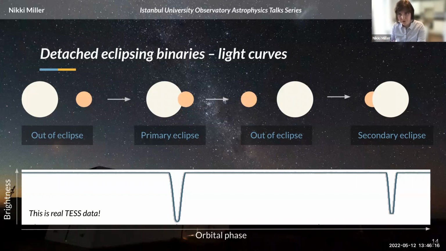This is how precise photometry is getting these days, which is really, really exciting. You see here we've got a deeper primary eclipse and a secondary eclipse with a very distinctive flat bottom. This means that we know for sure that it is a total eclipse, which is actually quite powerful. I'll talk a little bit about that at the end.